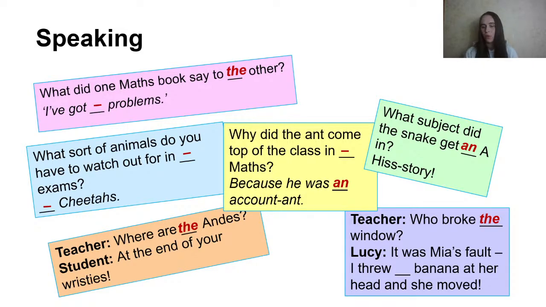It was Mia's fault. I threw a banana at her head and she moved. That's right. I threw one banana, indefinite, at her. She moved and she broke this particular window.